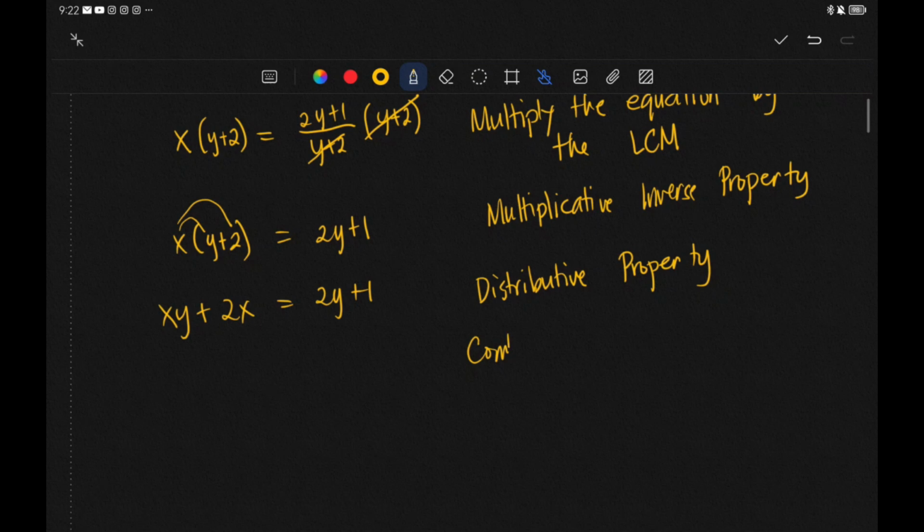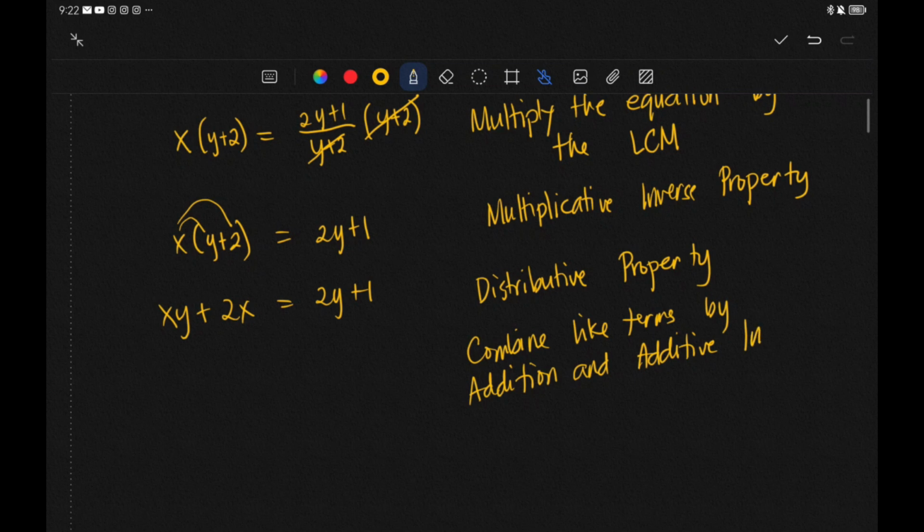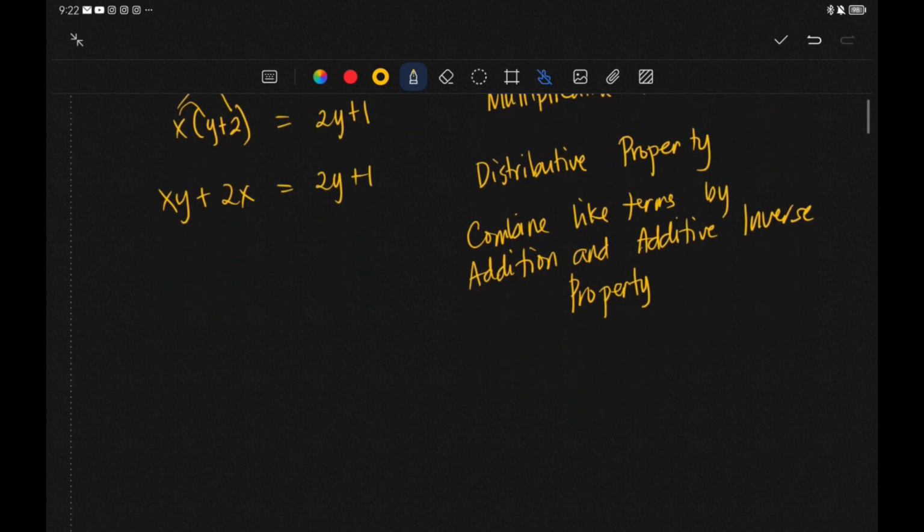Next, you are going to combine like terms by addition and additive inverse property. So this will become xy minus 2y equals negative 2x plus 1.